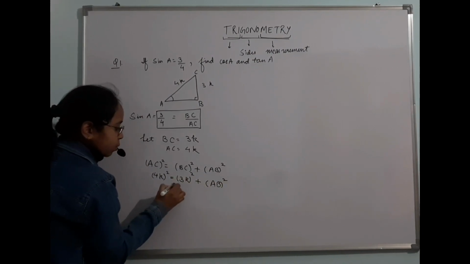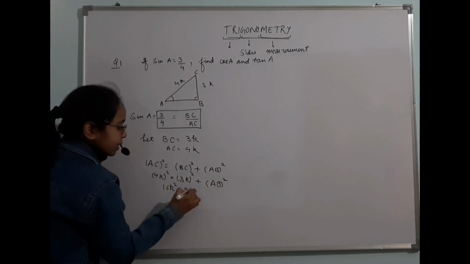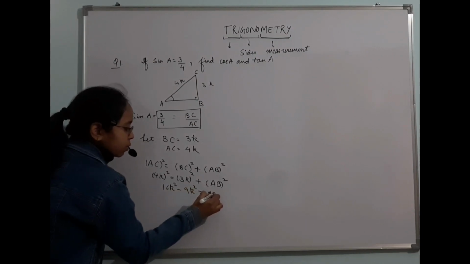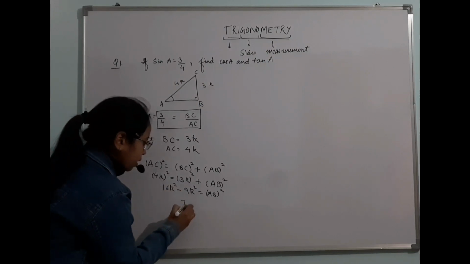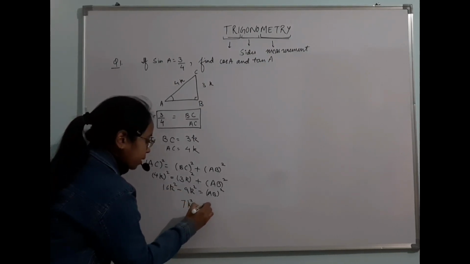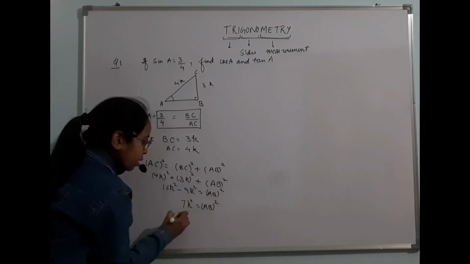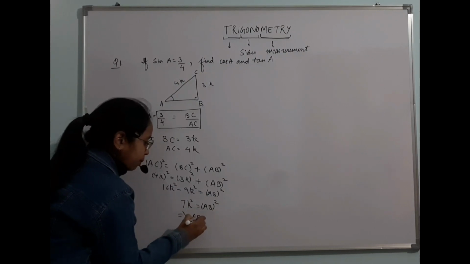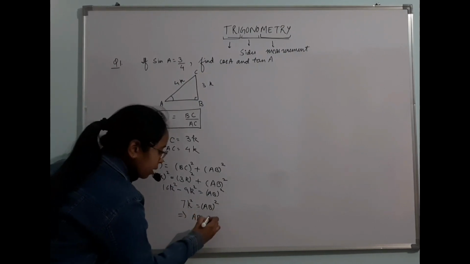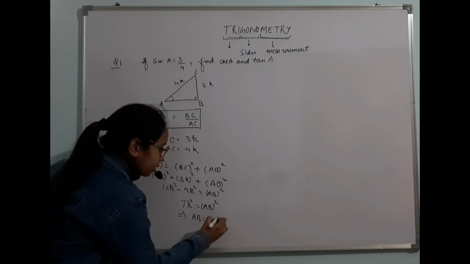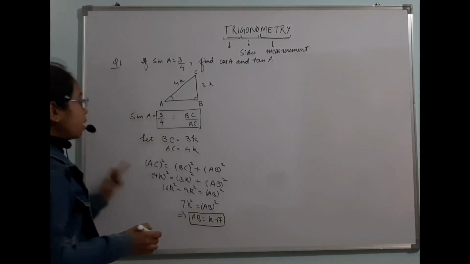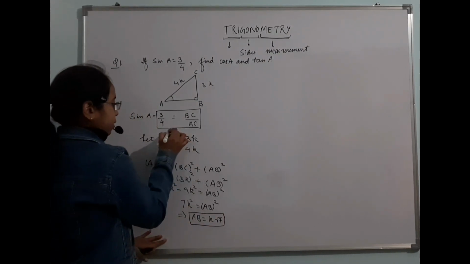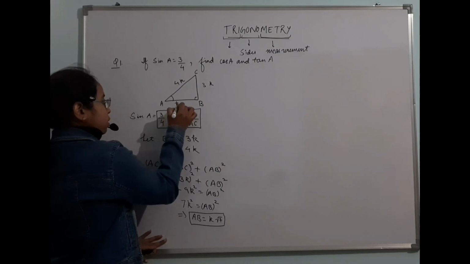So 16K square minus 9K square equals AB square. 7K square equals AB square. From here we get AB equals K root 7. So we have found the value of AB, which is K root 7.